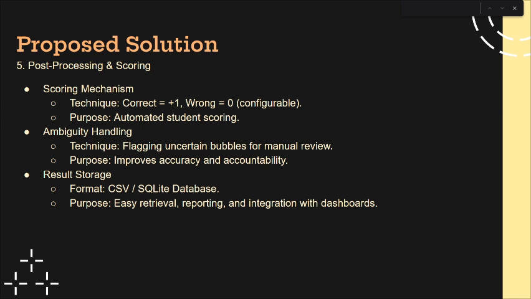The scoring mechanism is configurable, with a correct answer being +1 and a wrong one being 0. It flags any uncertain bubbles for manual review to improve accuracy. Results are then stored in a CSV or SQLite database for easy reporting.